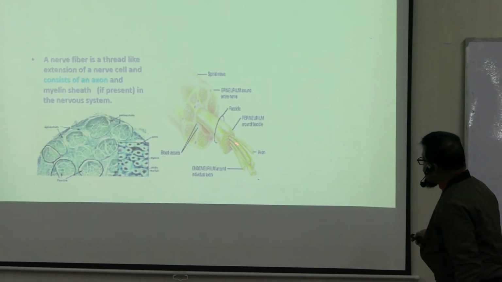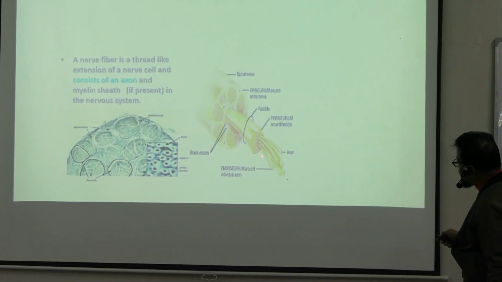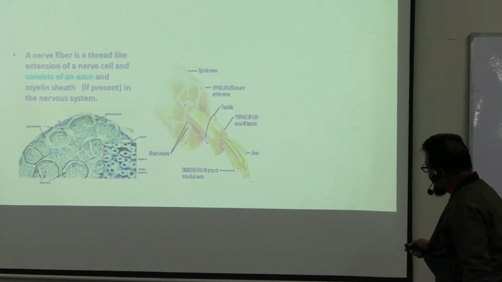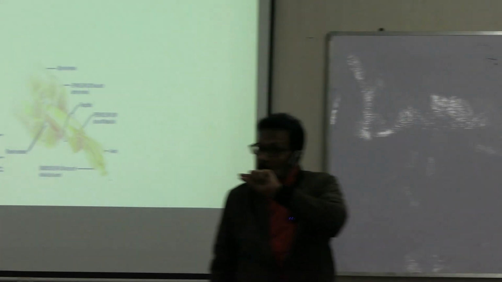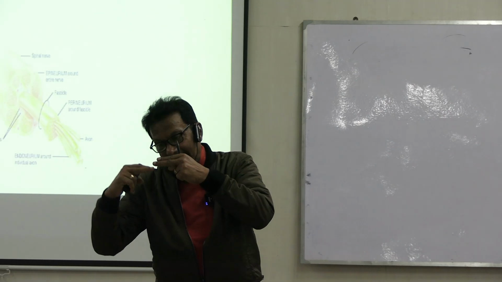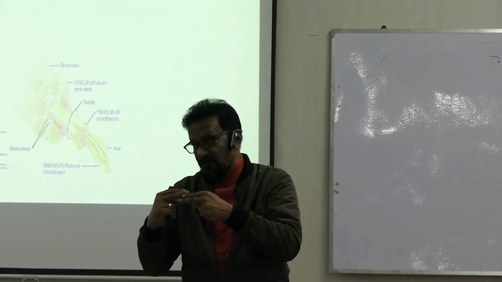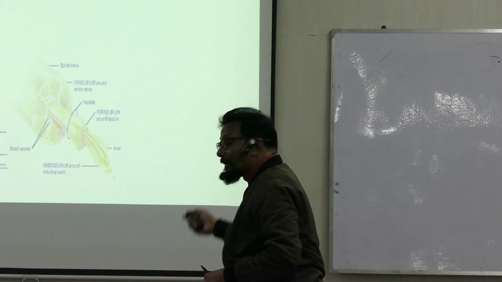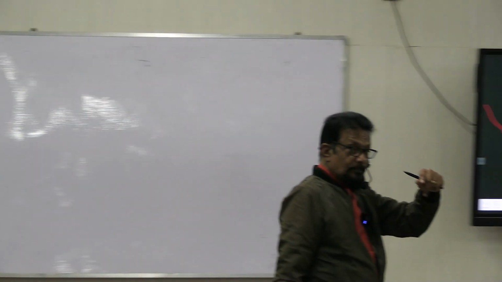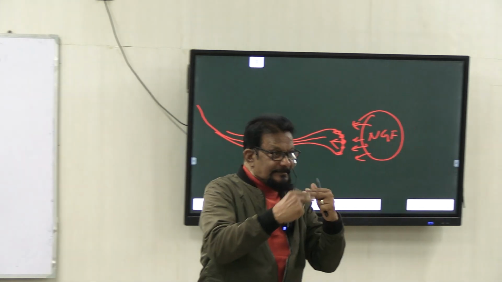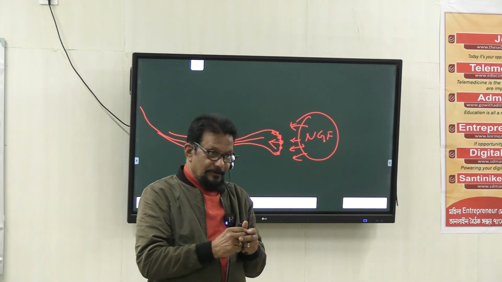So this is the axon, one fiber, and this axon is covered by the axolemma. This axolemma is again covered by a membranous structure called endoneurium, just outside the axolemma.